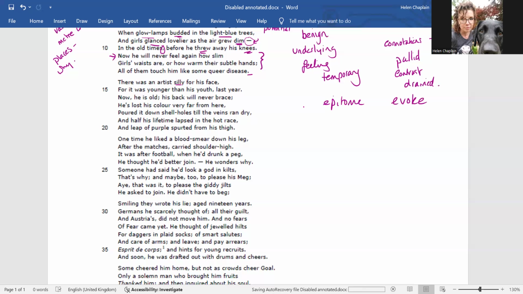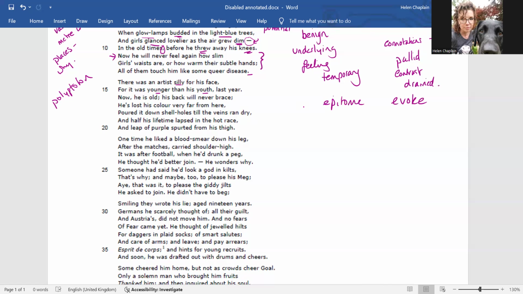And his face was younger than his youth. This is a kind of strange little paradoxical phrase. How can you be younger than your youth? It uses polyptoton. Now, if you can't remember that, don't worry about it. All polyptoton is, it's the idea of using the same root idea in different forms of the word.